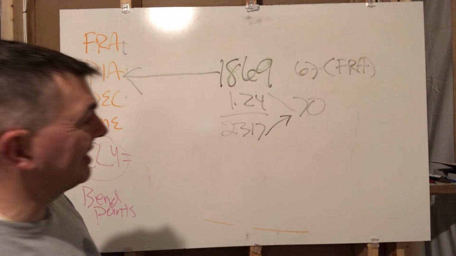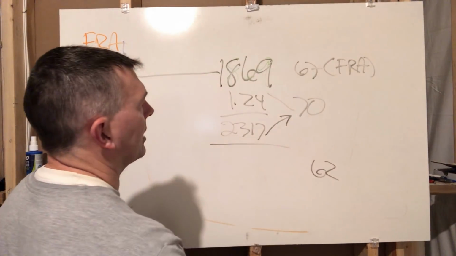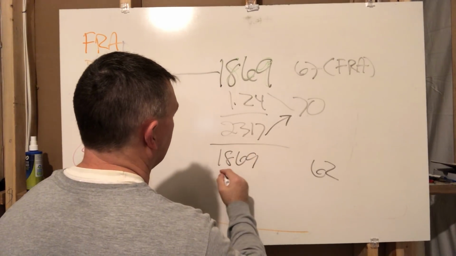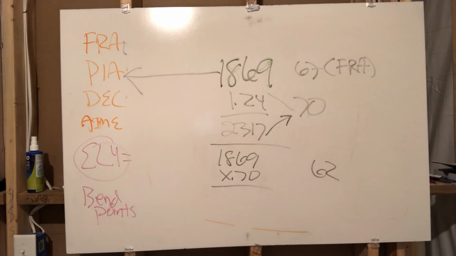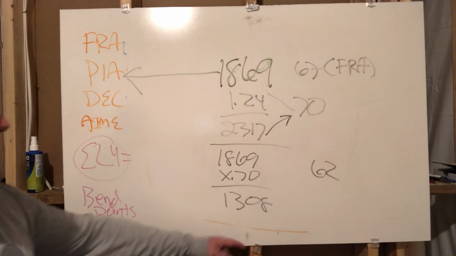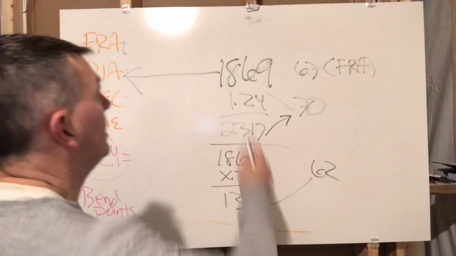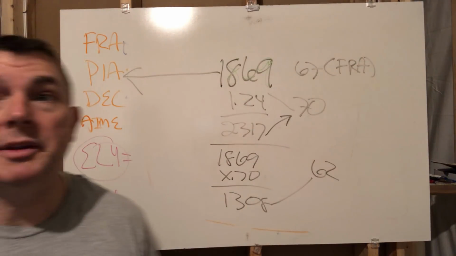If I take it at 62, it's reduced by about 30% for a person with a full retirement age of 67, so 1869 times 0.7 gives me 1308. So now I'm taking it early, I get 1308, take it late, I get 2317. I take it at 67, my full retirement age, I get my PIA, which is $1,869.